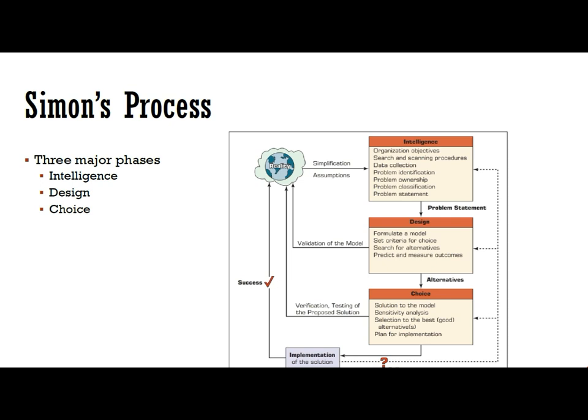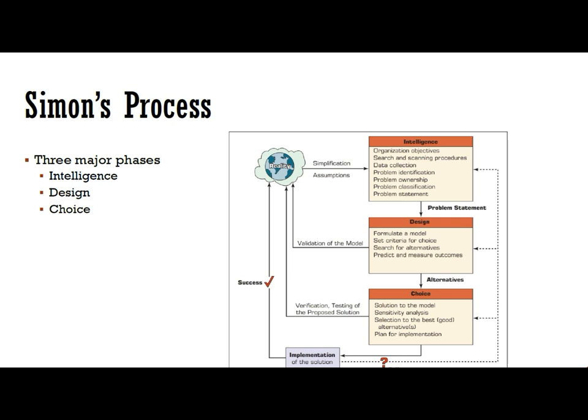Simon's process has three major phases: intelligence, design, and choice. As we can see on the chart, understanding what reality is, and then how do we get our intelligence? Organizes objectives, search and scanning procedures, data collection, problem identification, problem ownership, problem classification, and problem statement.